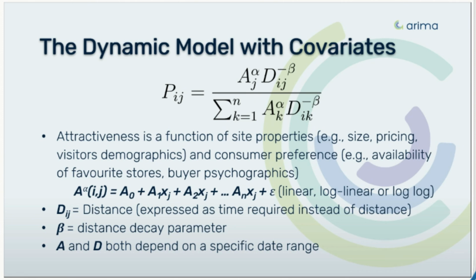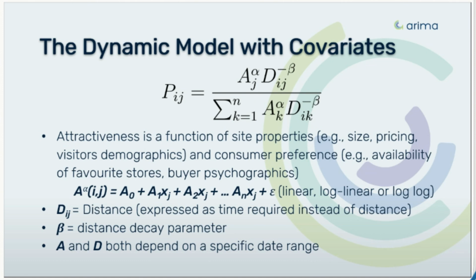Over the past 6 or 7 months, we've been experimenting with something called the dynamic Huff model with covariates, and we had some success with it. And here I am sharing what we've done with all of you. First of all, dynamic really means it changes with time. So time is a factor in the model.